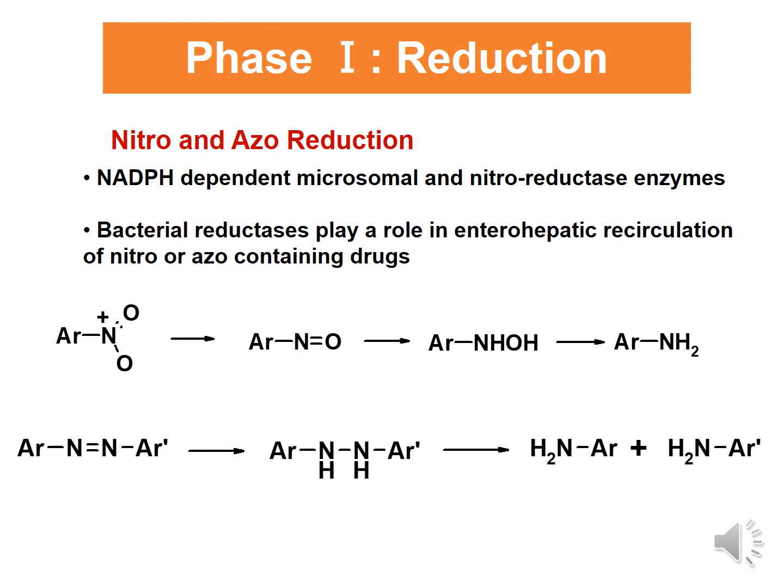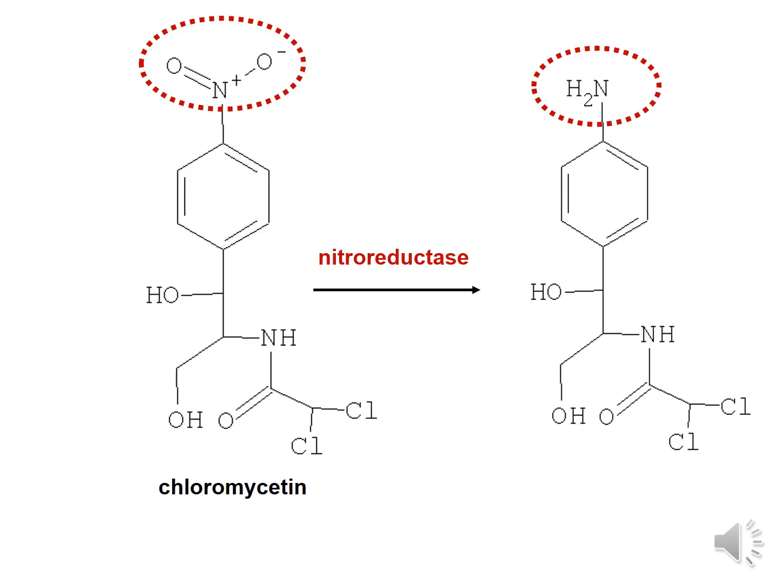You can see the reaction of nitro reduction and azo reduction. Nitroreductase will convert the nitro group to an amine group of the chloromycetin drug.